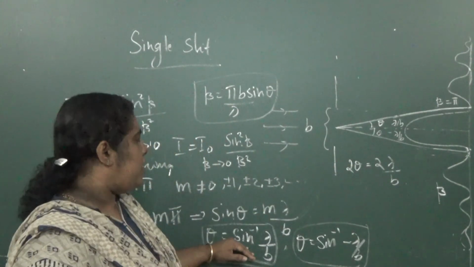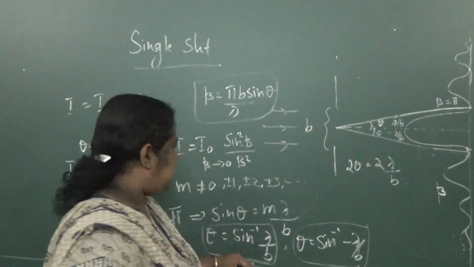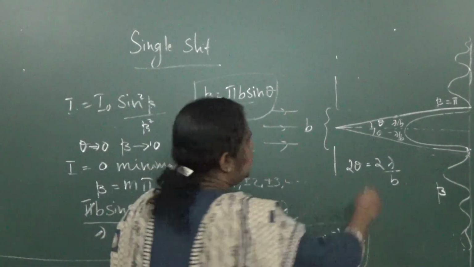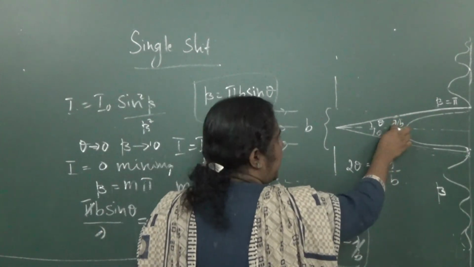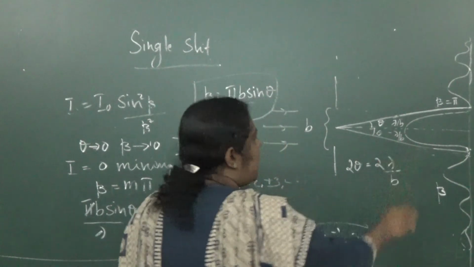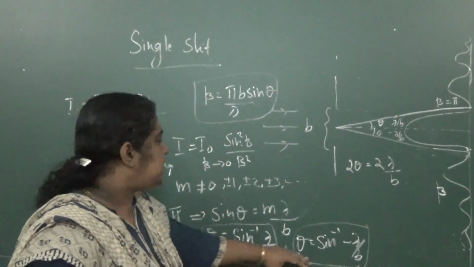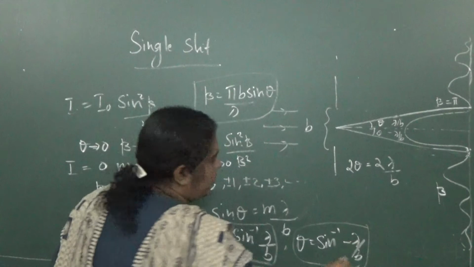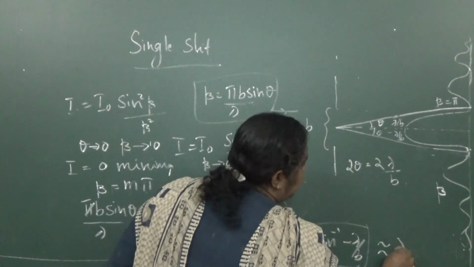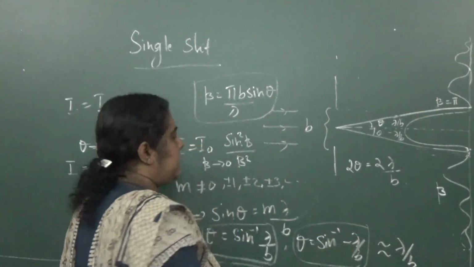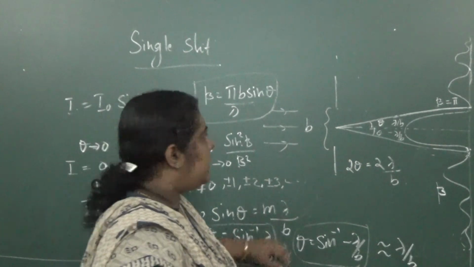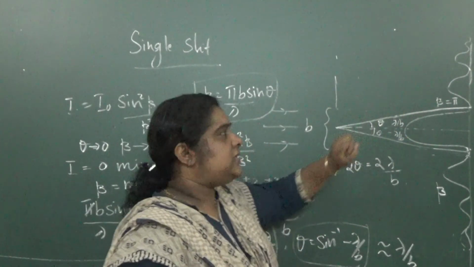In the diffraction case theta will be very small actually. I have taken lambda by b as the theta because when theta is very small, sin theta is almost equal to theta, so sine inverse lambda by b is equal to lambda by b. That's why here we have assumed theta is very small.